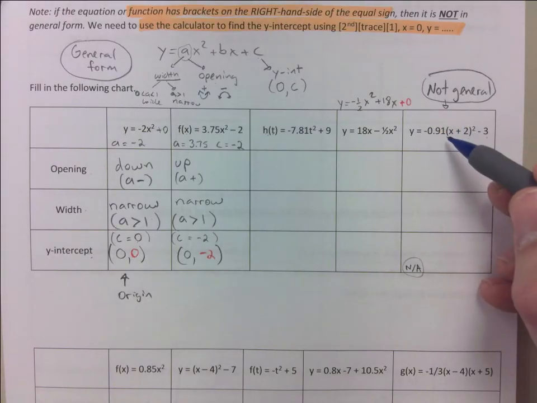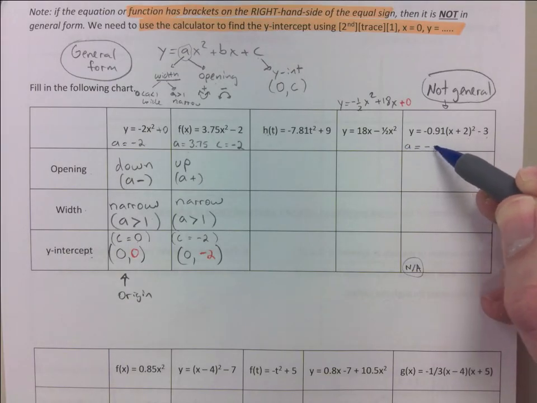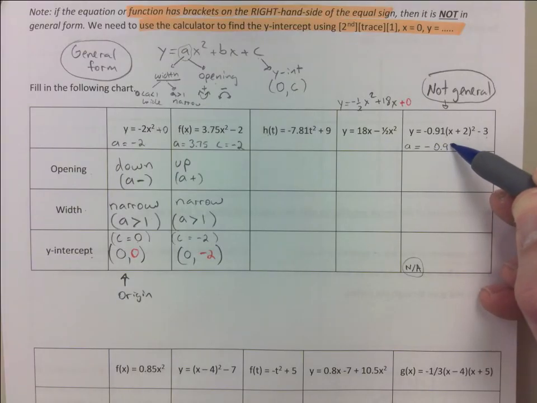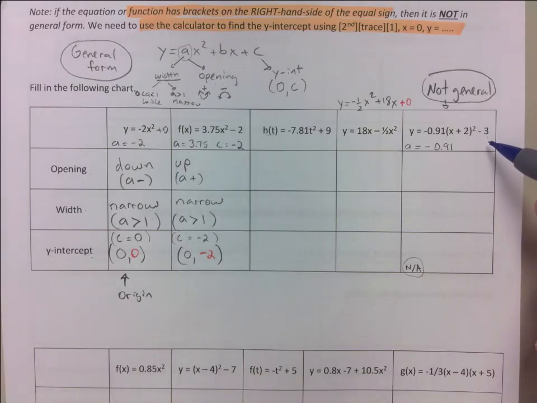The number that's in front of the bracket with the square, this is still A. A is equal to -0.91. Got it, guys? So this is still a leading coefficient, but C is not -3 because it's not in general form. Okay? Let's keep going.